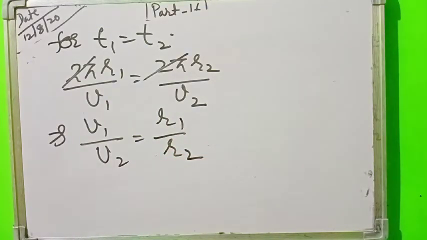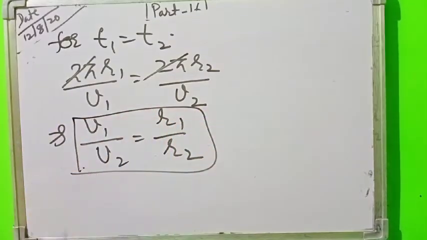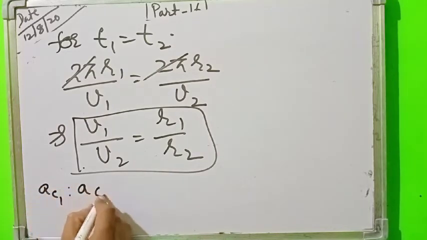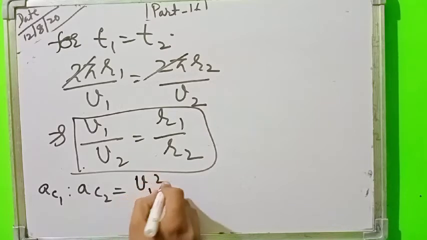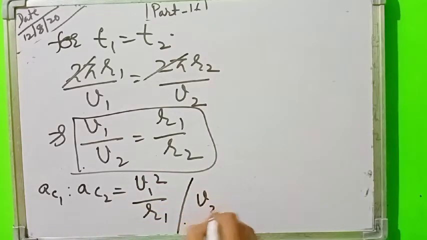We have found the relation V1 upon V2 is equal to R1 upon R2. Now the ratio AC1 is to AC2 can be given as V1 square upon R1 divided by V2 square upon R2.